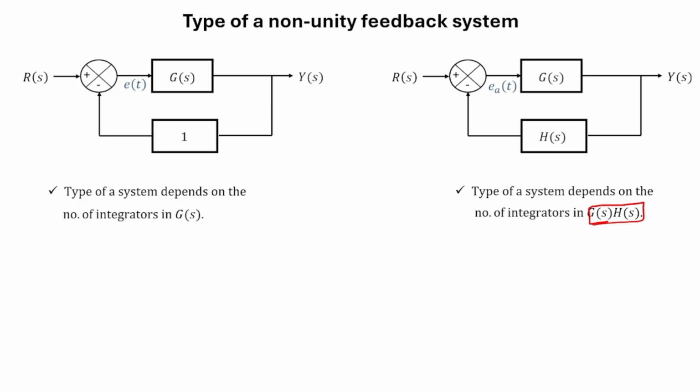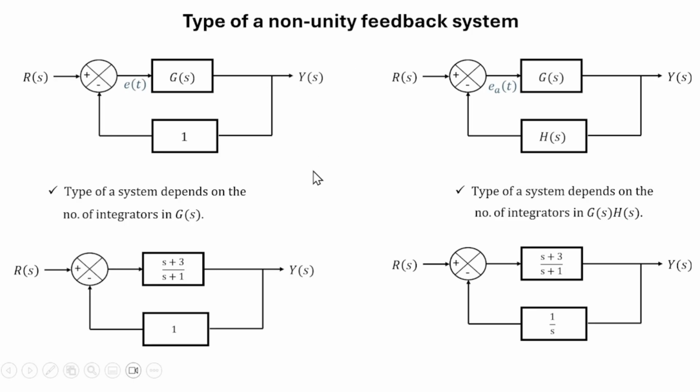For the non-unity feedback system, the type of a system would be defined by the number of integrators of GH. In this case, the type of the system would be 1. This is a type 1 system because GH in this case will come out to be (s+3)/(s(s+1)).